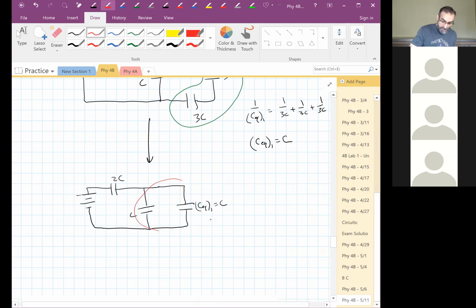So we have 2 in parallel. And we're going to call that C equivalent 2.